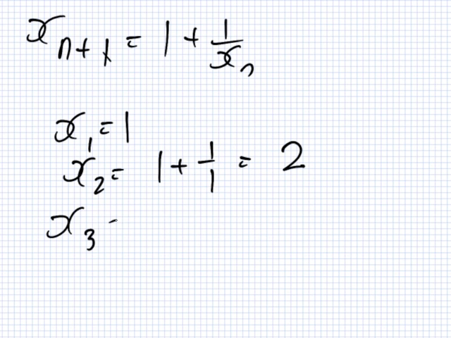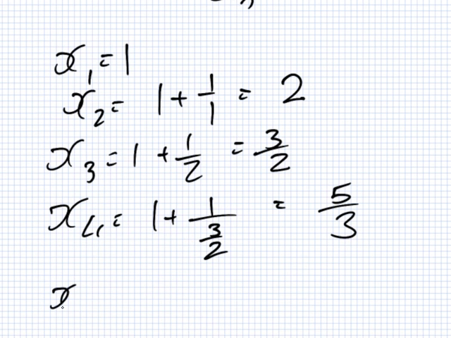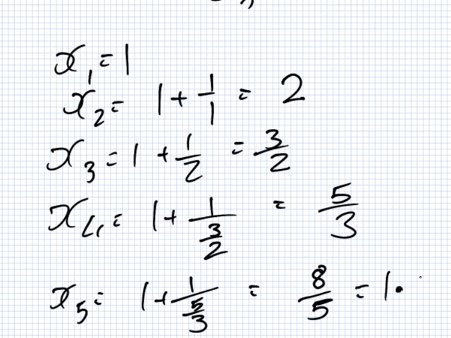The third term is 1 plus 1 over 2, which equals 3 over 2. The fourth term would be 1 plus 1 over 3 over 2, which is 5 over 3, I think. Yeah. And then the fifth term, the one I want, is 1 plus 1 over 5 over 3, which is 8 over 5. Isn't it? Yes. Which is 1.6. So the answer is 1.6 for this one.